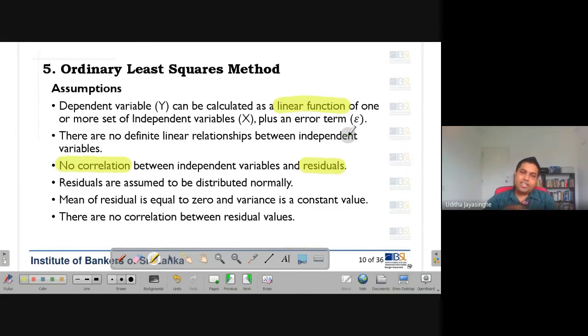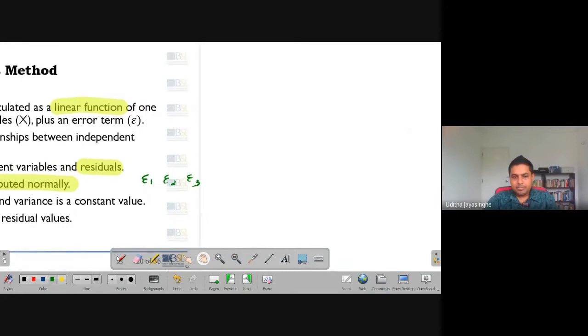Okay, fourth one, residuals. These errors are assumed to be distributed normally. That means you take these residuals, epsilon 1, epsilon 2, epsilon 3, for these individual points, and once you take these numbers, we should get a standard normal distribution. Not like these errors are typically scattered in one place.